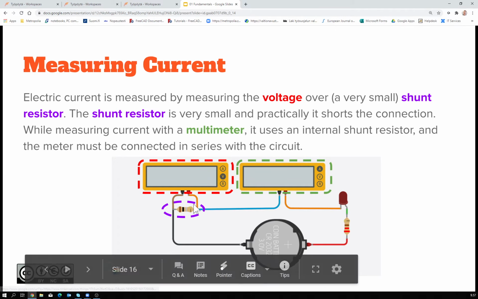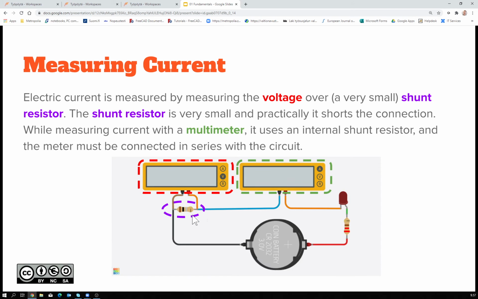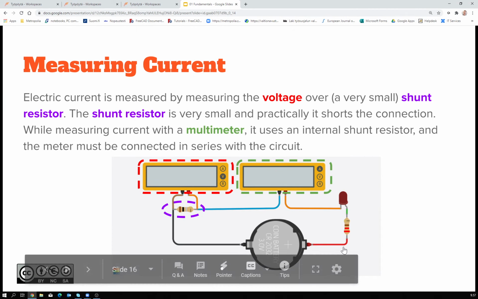So you have the shunt resistor separately here. I put that to show that whatever method you use, measuring current means that you have the current meter in the way of the current flow.